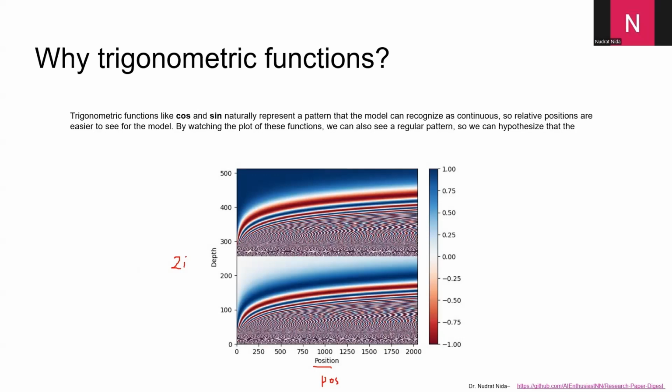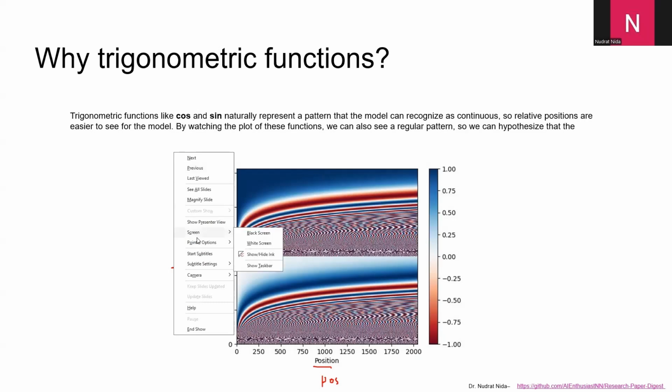So you can see that each position has its own representation in the model. Trigonometric functions like cos and sine naturally represent a pattern that the model can recognize as continuous, so relative positions are easier for the model to see. By watching the plot of these functions, we can also see the regular pattern, so we can hypothesize it.